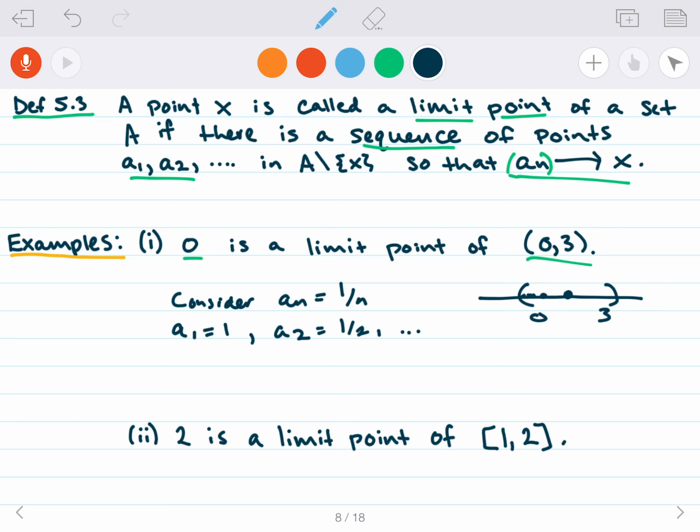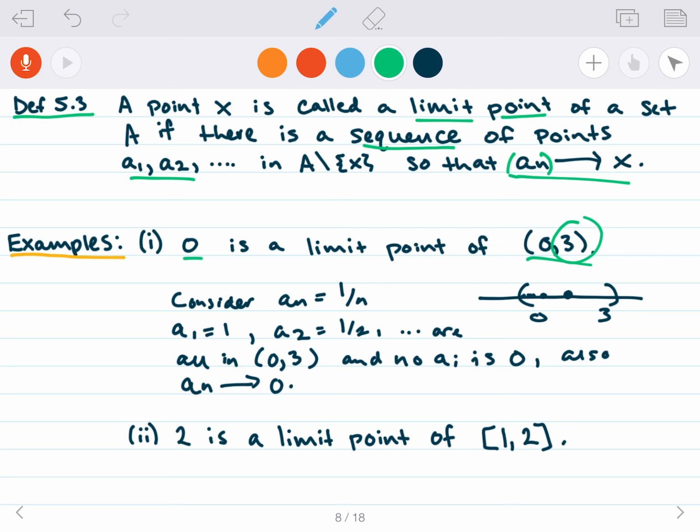It's going to get close. So all of these are in the set, and no a_n is 0. We're never going to have that this expression actually equals 0 for any n. Also, we know from our previous sections that this sequence converges to 0, and so 0 is a limit point.